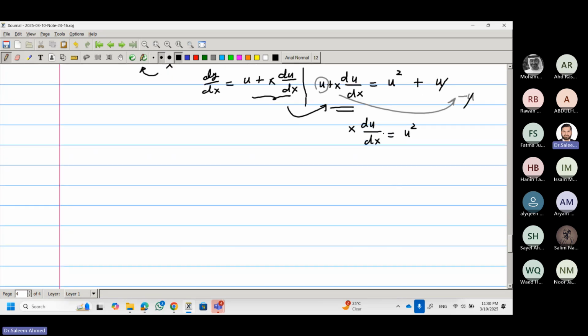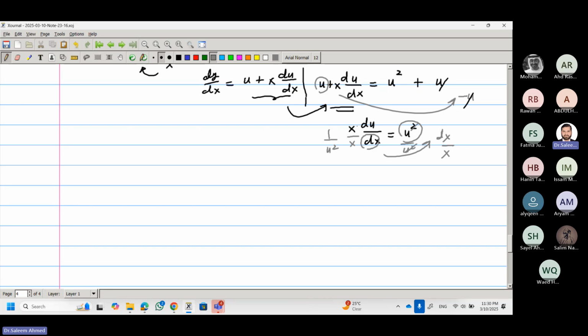And now you can separate the variables. This is a separable equation. You remember how we separate the variables? So you can bring dx here and x here, and bring this u down here, 1 over u square, right?